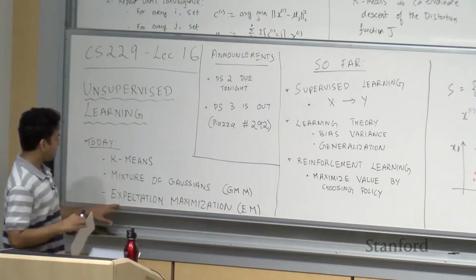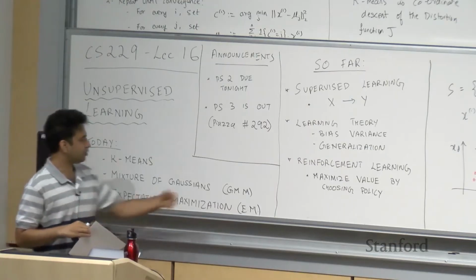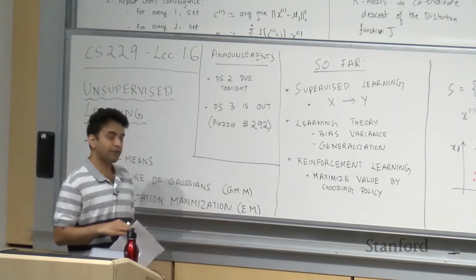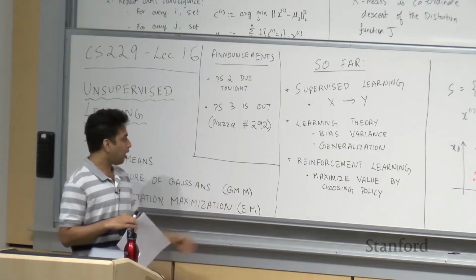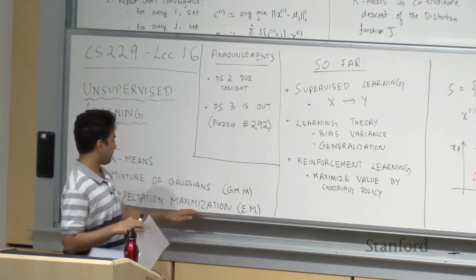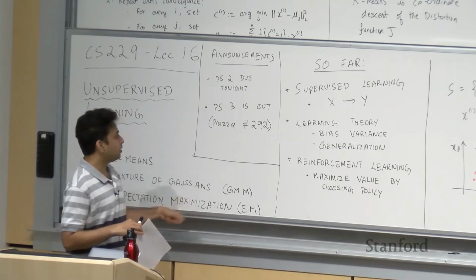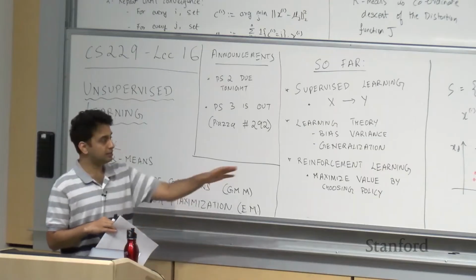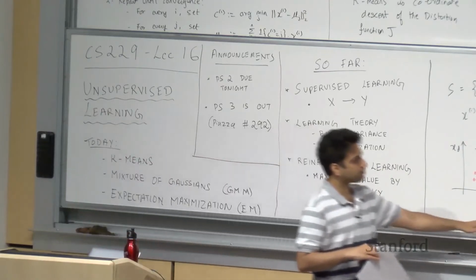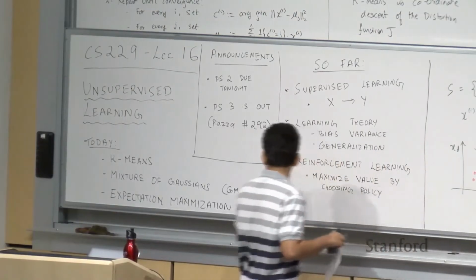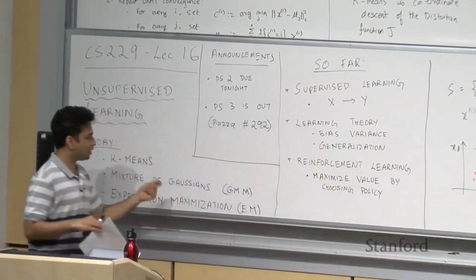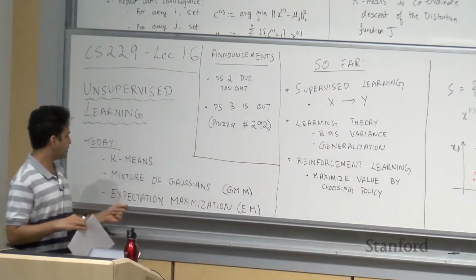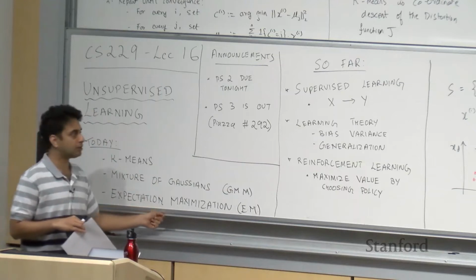The expectation maximization that we're going to see next is a more general framework that works for a broad class of generative models. These are examples of generative models, and the Gaussian mixture model is just one such model which can be solved through expectation maximization.